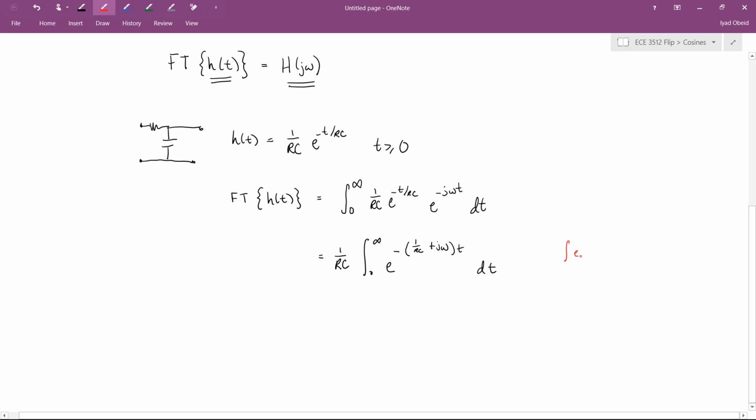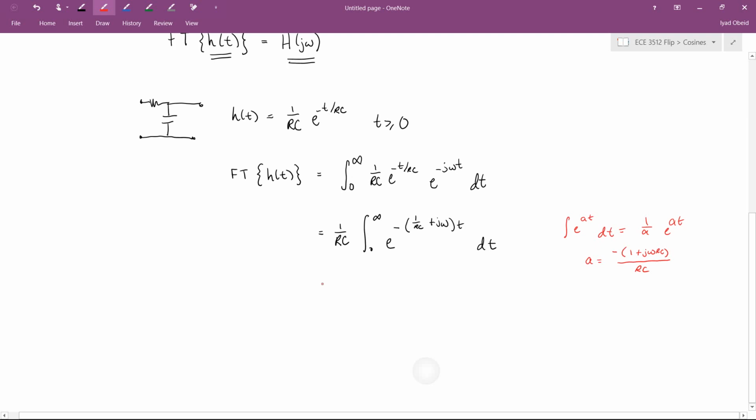And so in essence now what I'm doing is I'm integrating e to the at, which should be 1 over a e to the at. And in this case, my a is going to equal, if I combine that into a common denominator, minus, let's see if I can get this right on the first try, (1 plus j omega RC) over RC. Okay, that looks right.